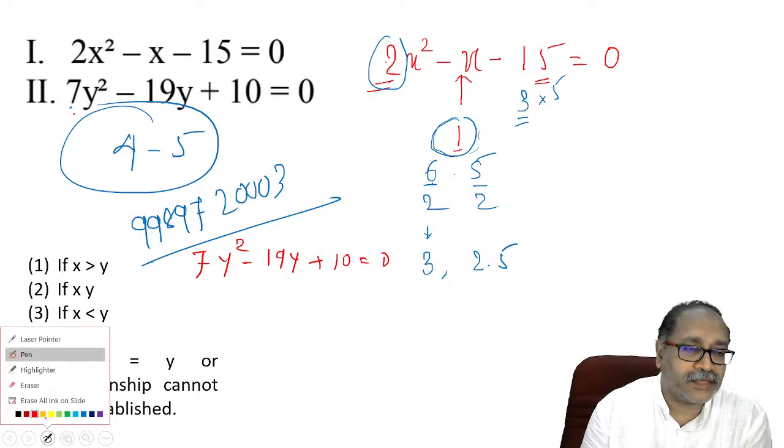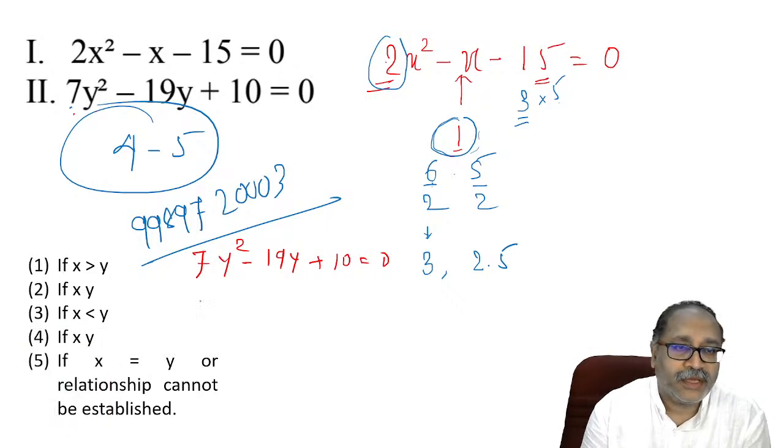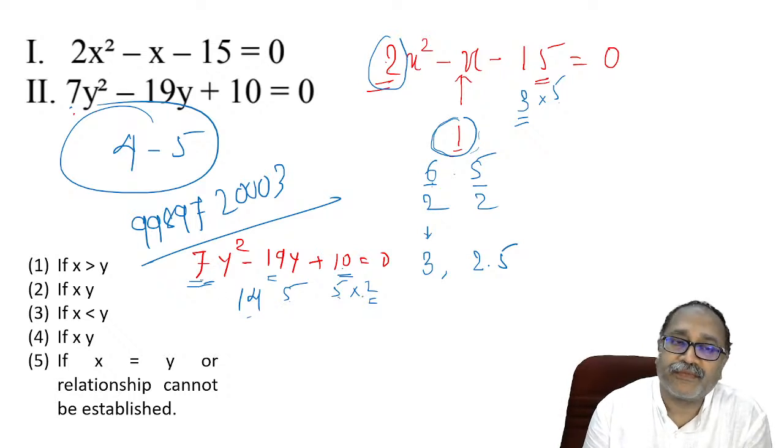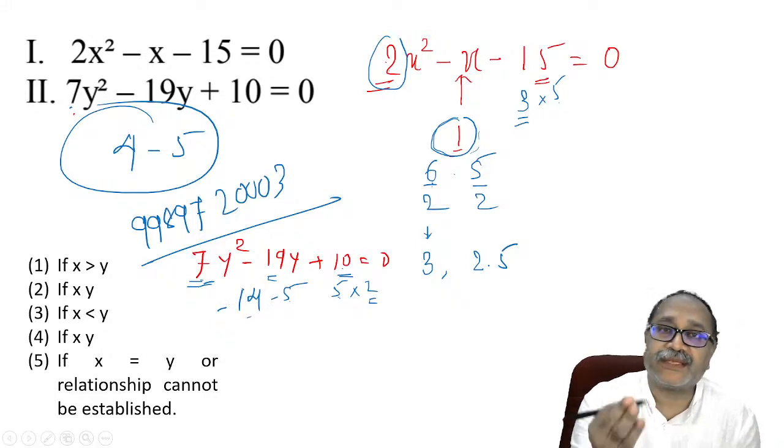Now look at these values. Here this is A, this is B, and this is C. I will write this 10 as 5 into 2. Now you will notice that 2 into 7 is 14, and this is 5. 14 into 5 is the same as 7 into 10. And minus 14 minus 5 is minus 19.